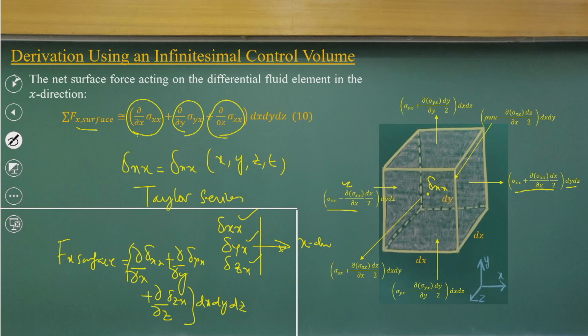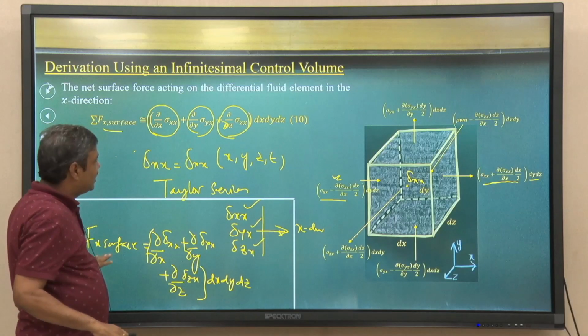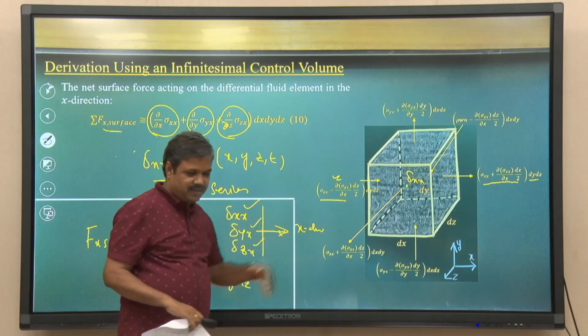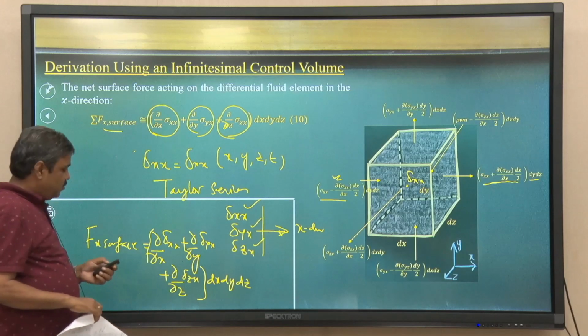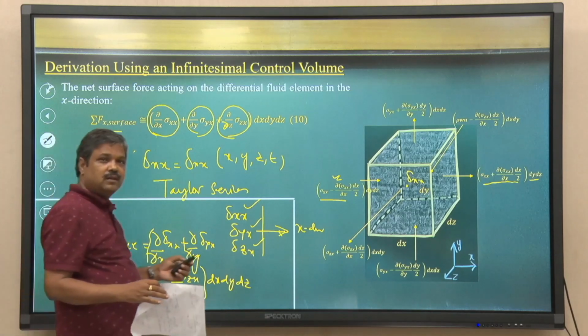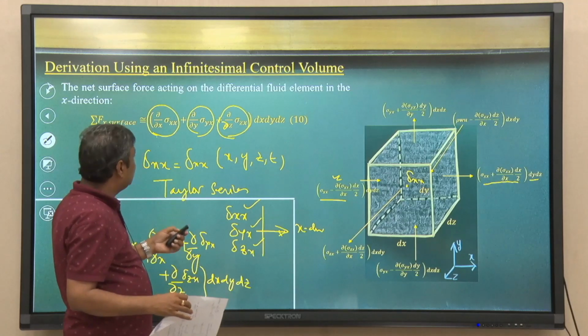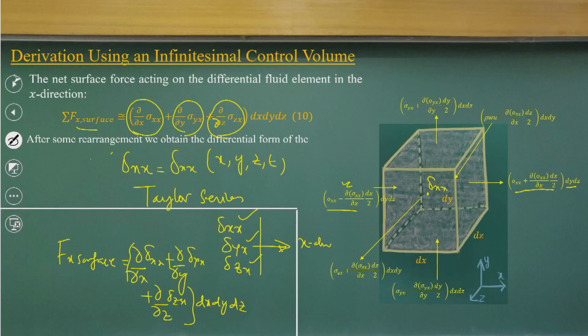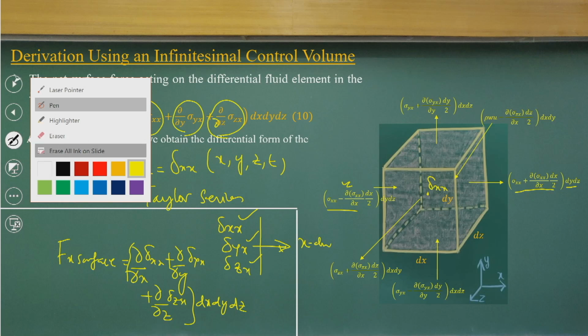So, you can understand how the same concept of the Taylor series, the same concept of function variability, applied as stress variability, lets me estimate what force is acting on the surface of this control volume. As we have computed the momentum flux, the surface force components and the gravity force components, now it is quite easy for us to write the basic equations.